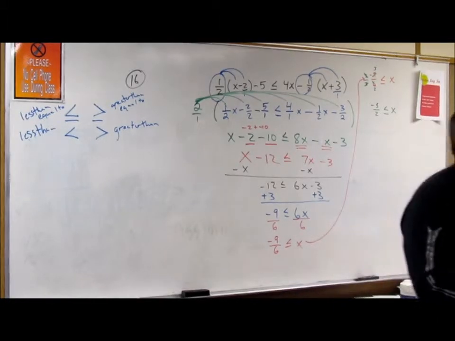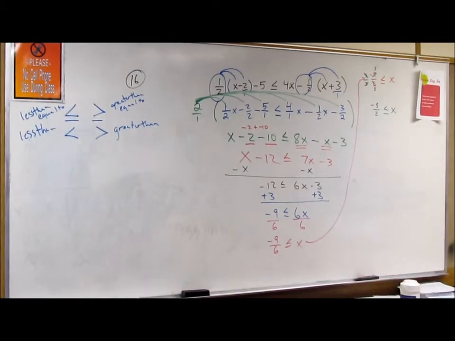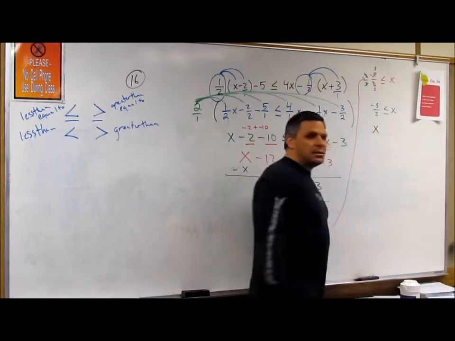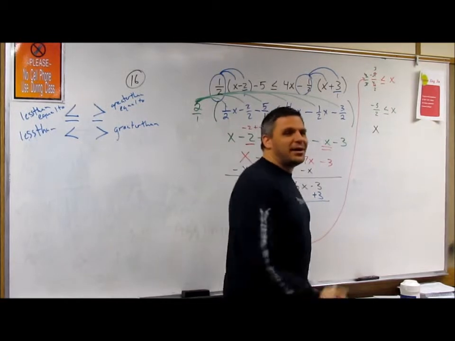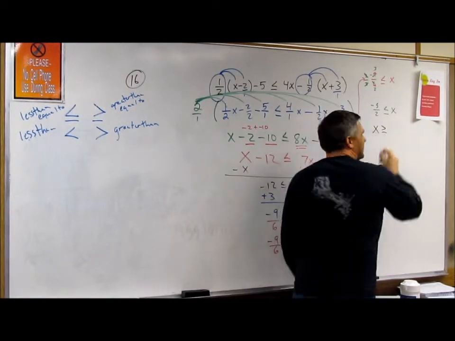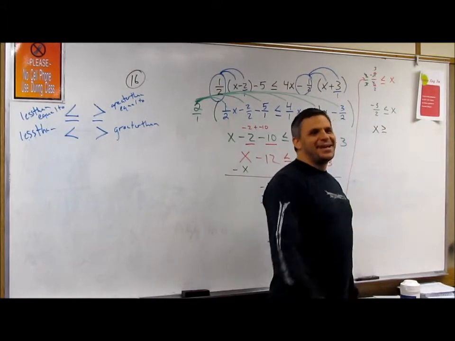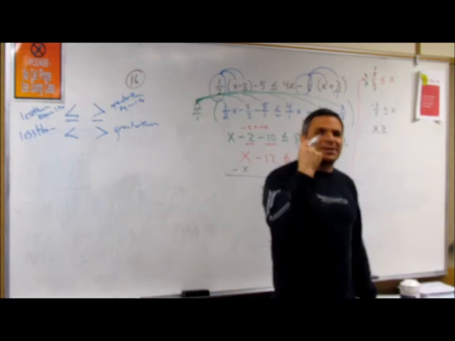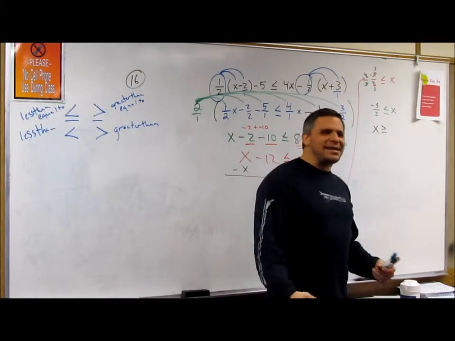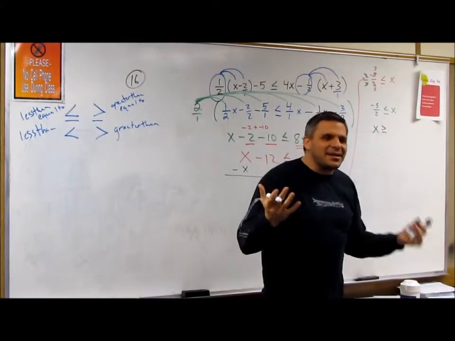But the problem is a lot of times our x's are written over here, right? Well, write it over there. But remember the big sides towards the x? Yeah, now we flip the sign, but we do it logically. Rather than flipping the sign because I multiplied by a negative, where the heck did that come from?